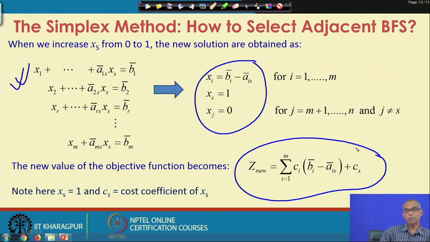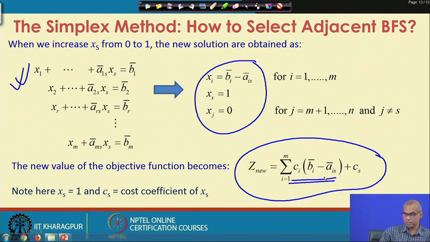Note that the value of the objective function is nothing but each basic variable multiplied by its objective function coefficient, the cost coefficient, for i equal to 1 to m.